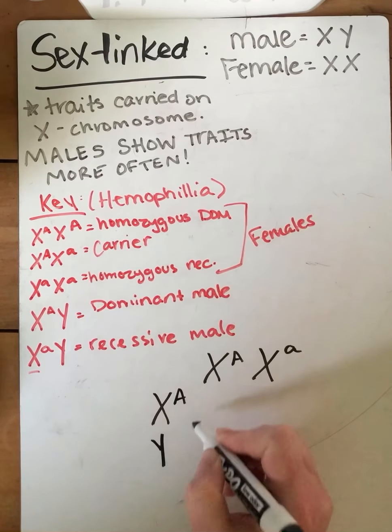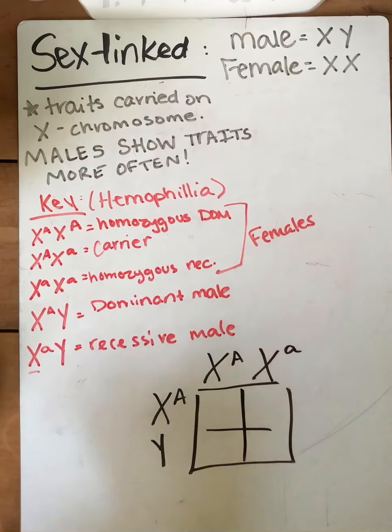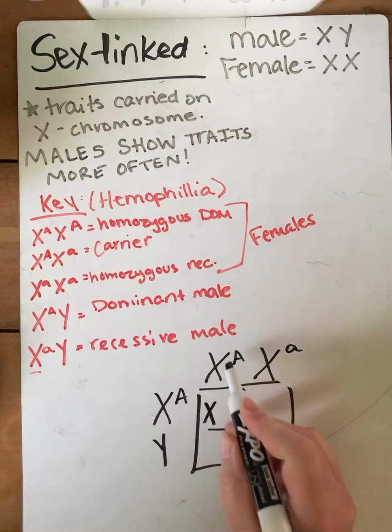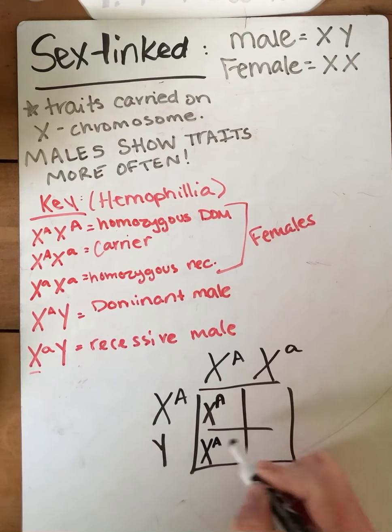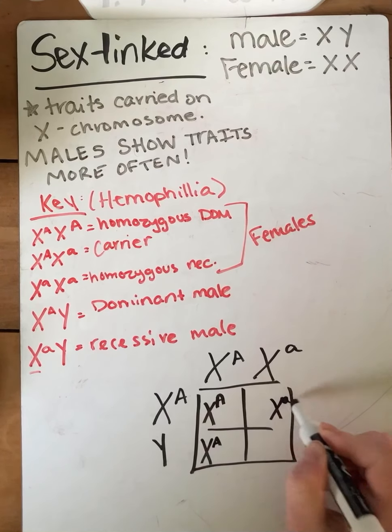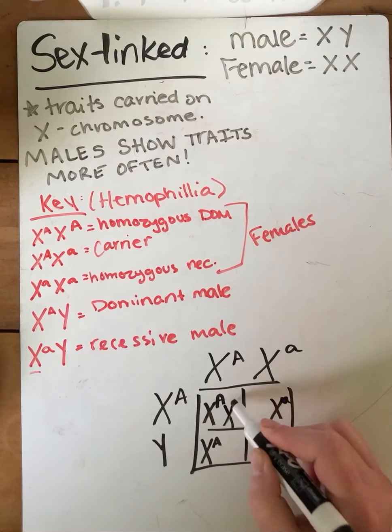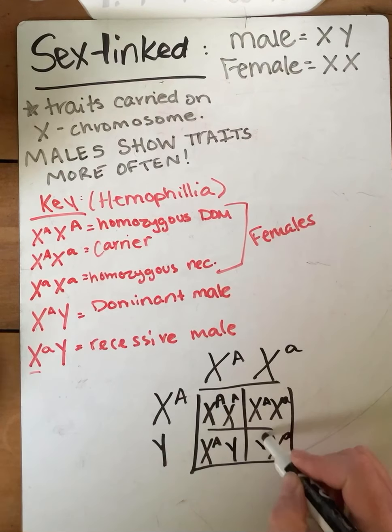Okay? The biggest difference between sex-linked Punnett squares and any normal Punnett square is that you have to include the X's and the Y. So we're going to move this X down. Move this X down. And then we're going to move this X across. And then we're going to move the Y across.